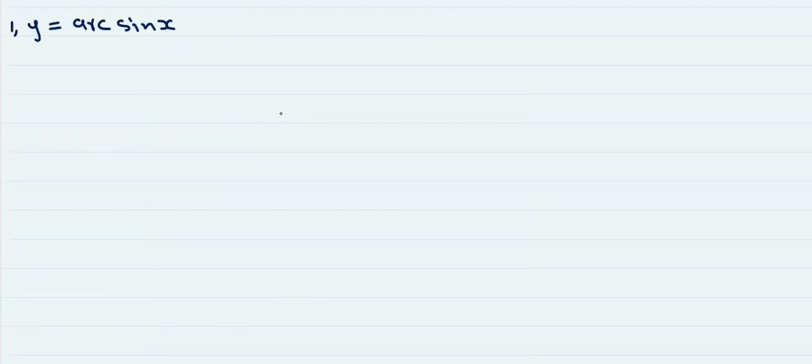So number 1: y equals arc sine x. We determine a formula to find dy over dx. So we start by introducing sin on both sides: sin y equals sin of arc sin x.